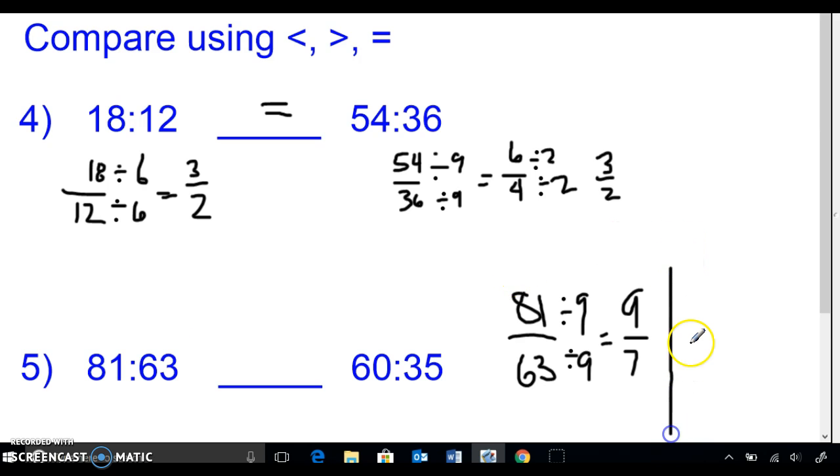And then 60/35, I can divide those both by 5. 60 divided by 5 is 12. 35 divided by 5 is 7. So I have 9/7 and 12/7. So 12/7 is larger. My denominators are both the same, but this numerator is greater. So that's how I would compare those two.